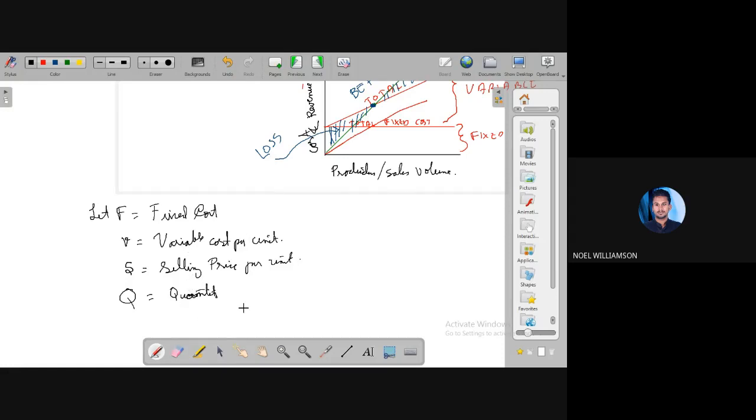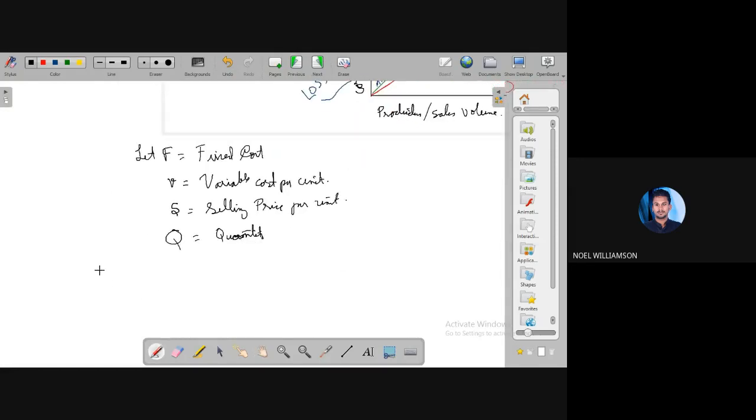So the total cost, we can represent it as TC. Total cost can be written as fixed cost plus variable cost. The total cost is the sum of fixed cost and variable cost.